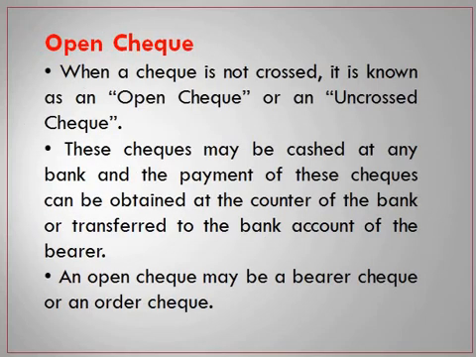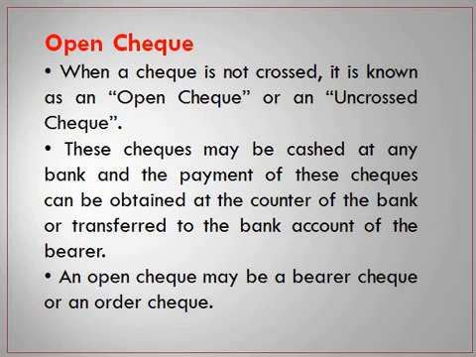Next, open check. When a check is not crossed, it is called an open check or an uncrossed check. So these open checks may be cashed at any bank. The payment of these checks can be obtained at the counter of the bank or transferred to the bank account of the bearer. An open check may be a bearer check or an order check.